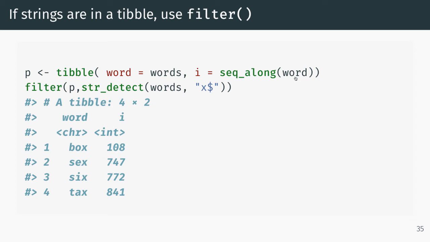I'm completely forgetting what this is. Filter P. So P, string detect all the words that end in X. Oh, the sequence along word is its position in the vector of words. So this is the position of box. There's a list, as I said, of 980 words. This is in the 108th position. This is in the 747th position, and so on.